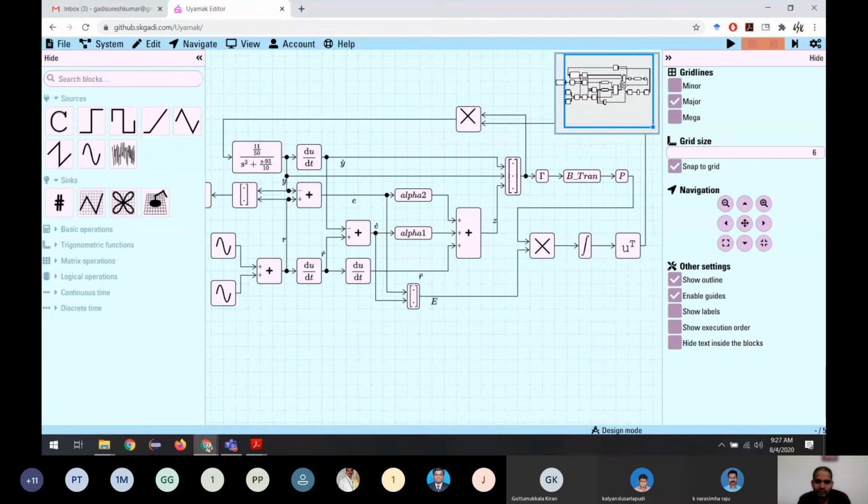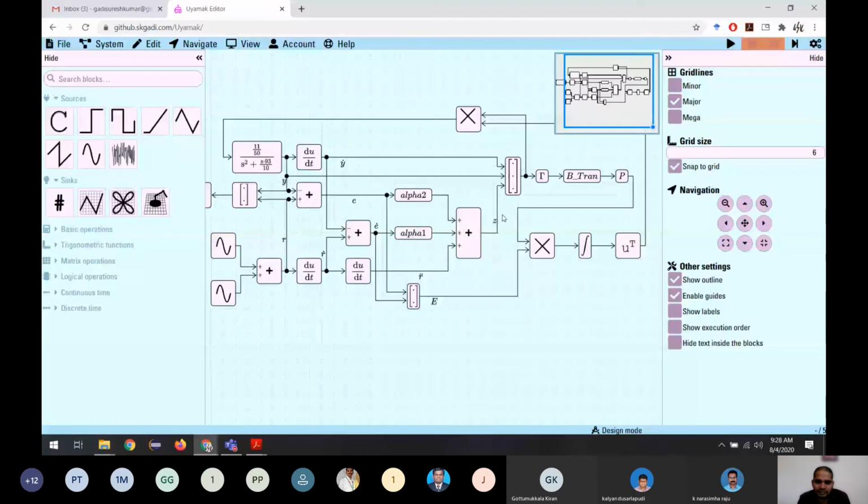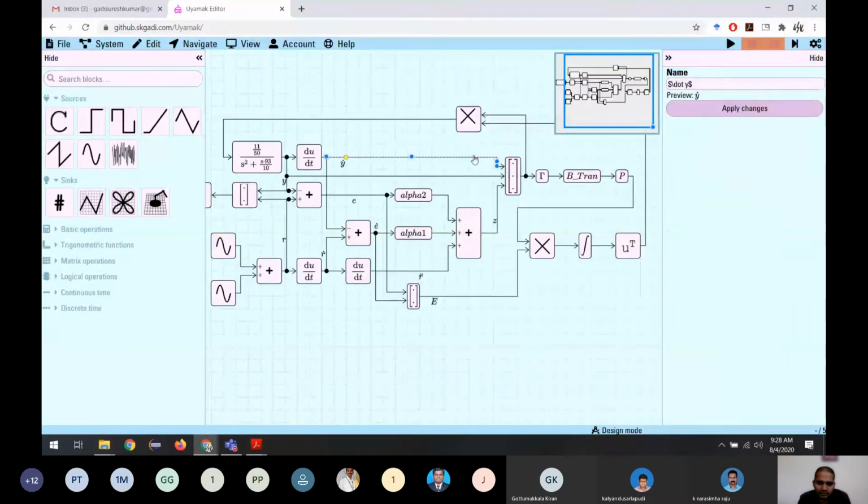So let us find out what is phi. Phi is y dot, y, and z in a column. It's made of 3 rows: the first row is y dot, the second row is y, and the third row is z.